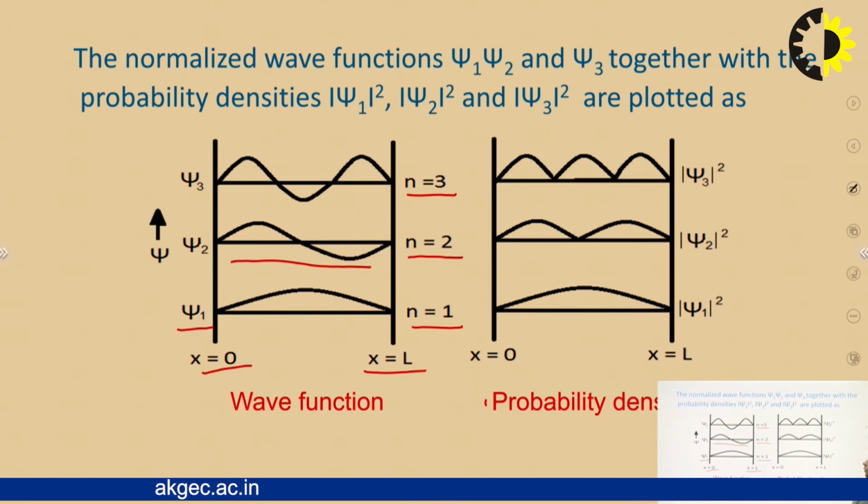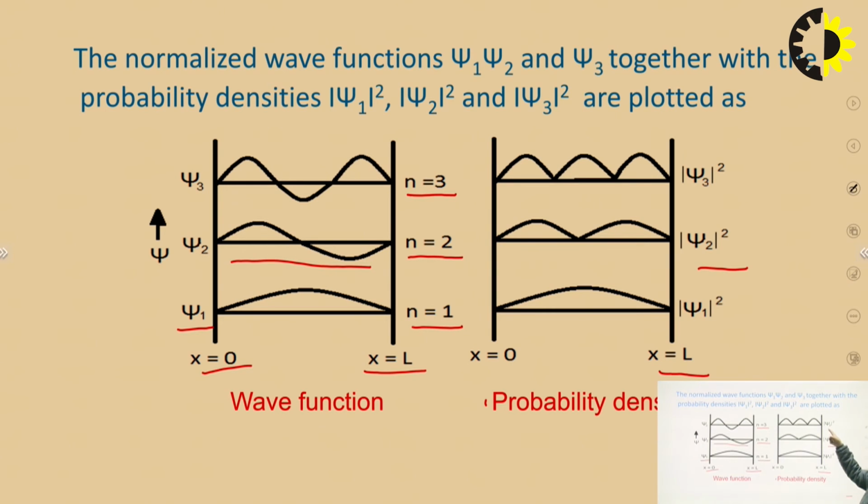We can study further in terms of probability density. We can plot the probability density for the different states of the particle: for n equals 1 this is psi 1 mod square, for n equals 2 this is psi 2 mod square, and for n equals 3 we have psi 3 mod square. In this way, the complete study of the particle in a box using the time independent Schrodinger equation can be done.